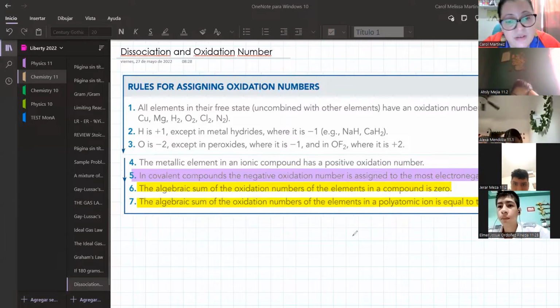The algebraic sum of the oxidation numbers of elements in a compound is 0. So in compounds, when we add all the oxidation numbers, it gives you 0. But when we calculate the oxidation number of ions, the sum of the oxidation numbers is equal to the charge of the ion.